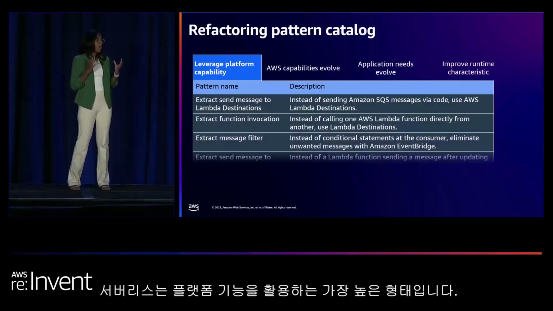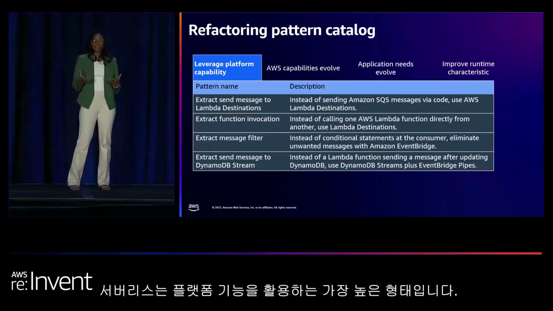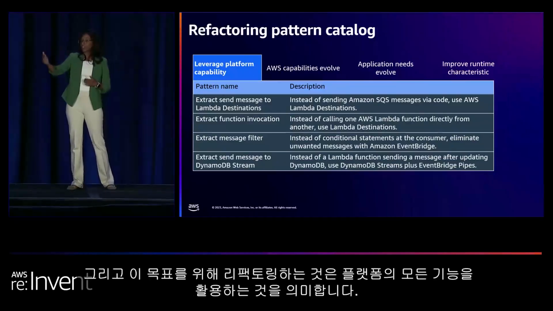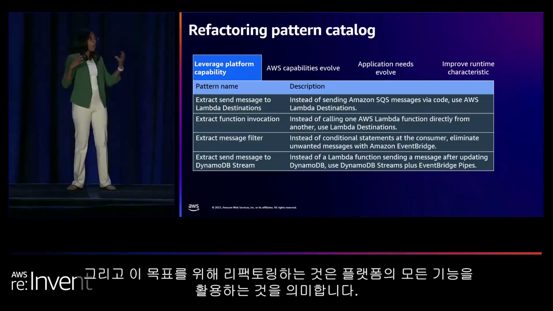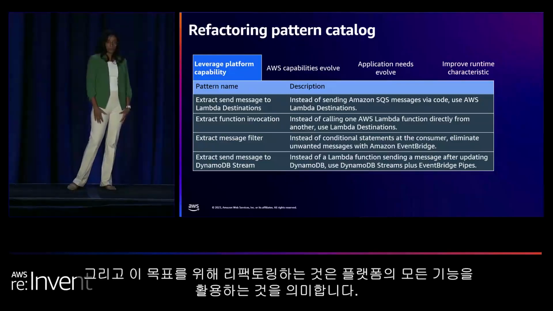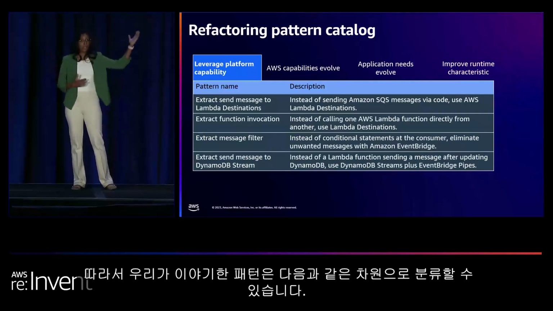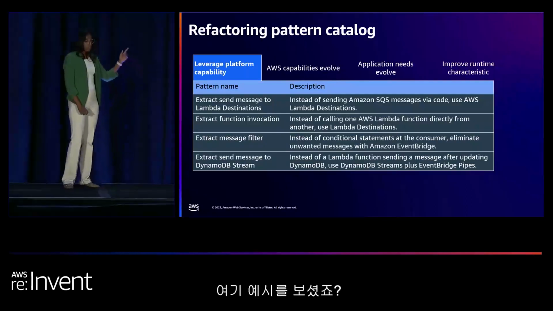Now, this is what we mean by refactoring to serverless. Serverless is the highest form of leveraging the platform capabilities. And refactoring to that goal means using the platform for all it can do. So the patterns that we talked about can be categorized into these dimensions. And you see the examples here.